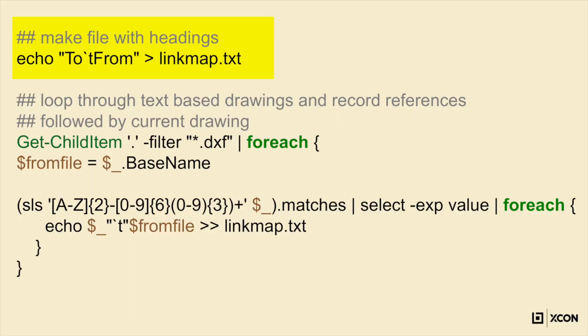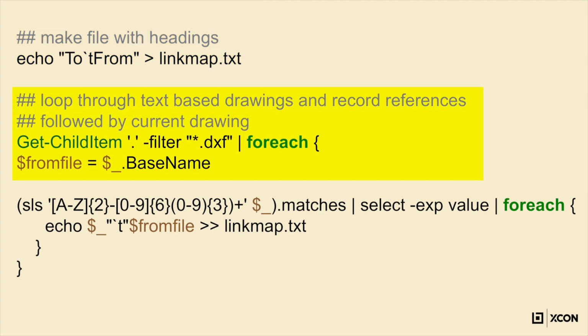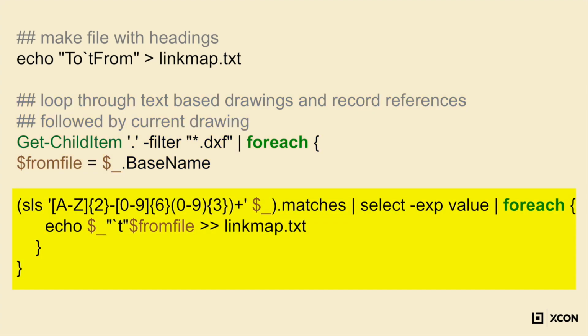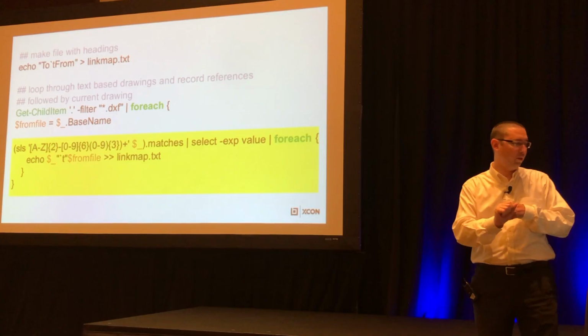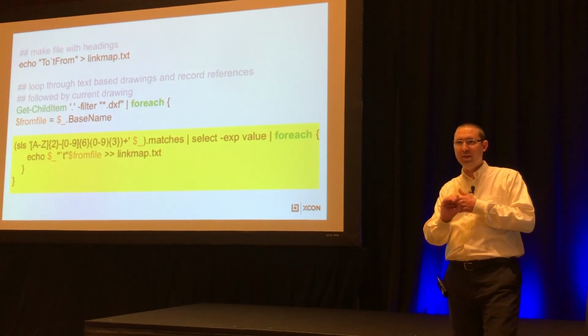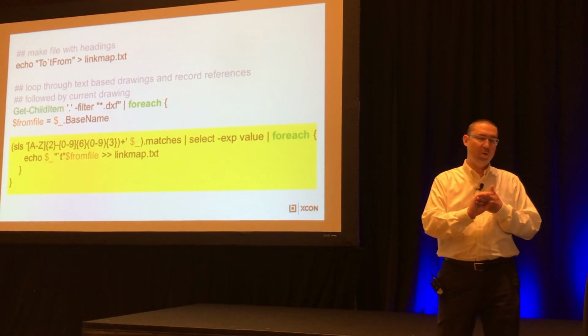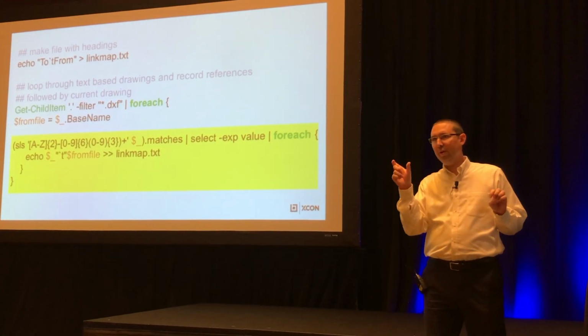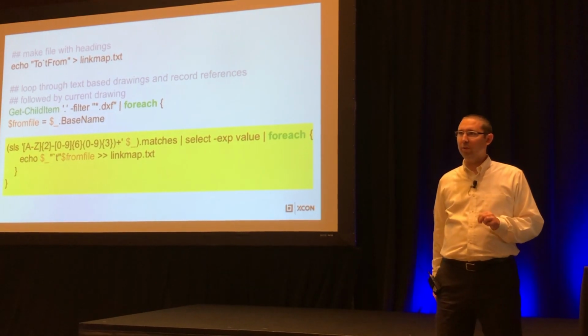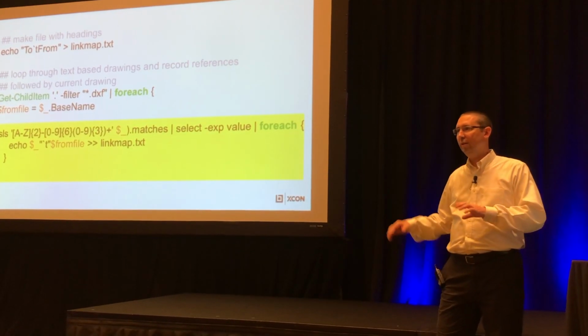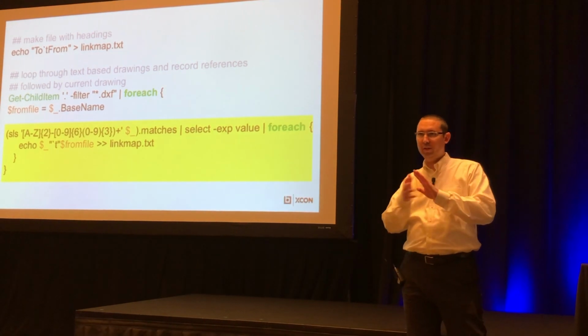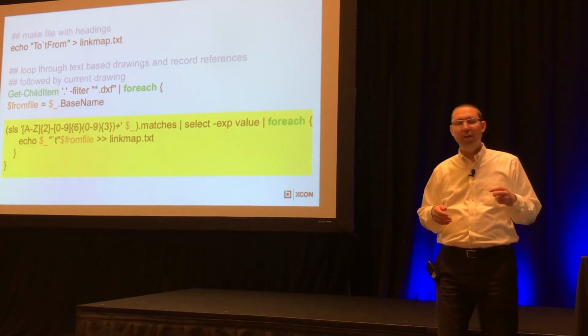So I'm just writing out a to and a from header on the first line, and then I get all the DXF files in a folder one by one. And this regular expression, it may look familiar. We've got 2 characters and then a hyphen and 6 numbers and a hyphen and 3 more numbers. So anywhere it finds that, it's going to write that out to a text file.